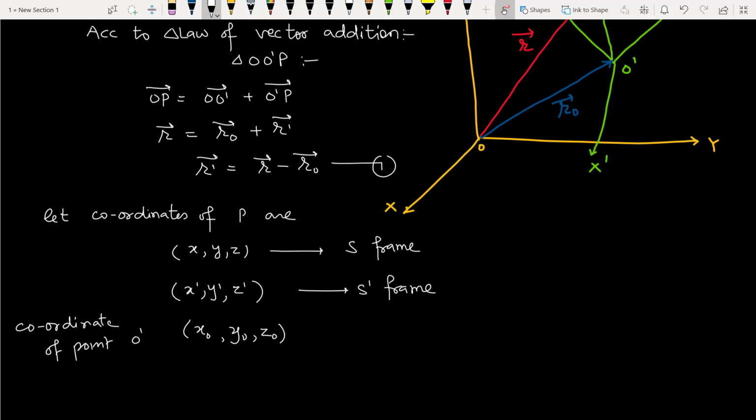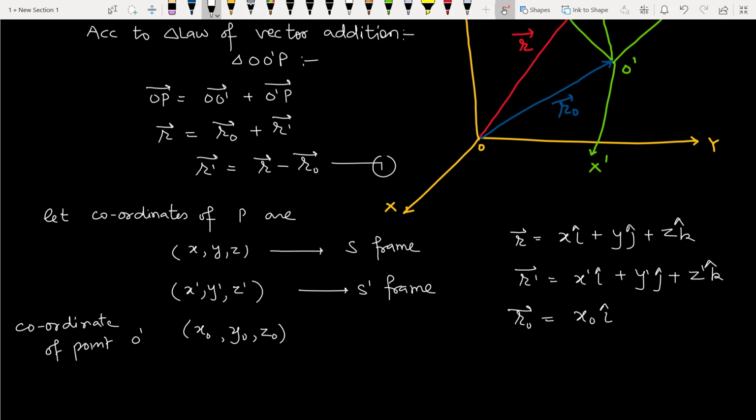Then on the basis of this we can write r vector as x i cap, y j cap, z k cap, r dash vector as x dash i dash cap, y dash j dash cap, z dash k dash cap, r naught as x naught i cap, y naught j cap, z naught k cap.